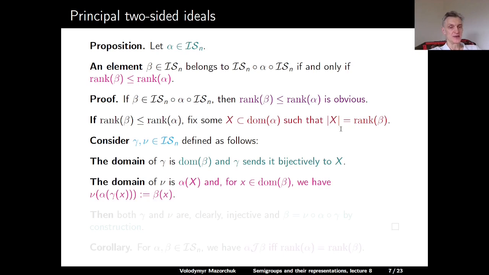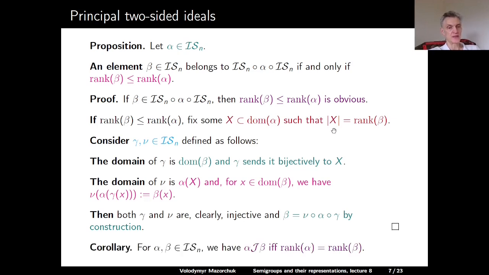Next, the domain of nu is alpha of x, the image of x under alpha, and for x in the domain of beta, nu applied to alpha of gamma of x is defined as beta of x. Then, by construction, both gamma and nu are injective, and beta is equal to nu after alpha after gamma. And this completes the proposition.